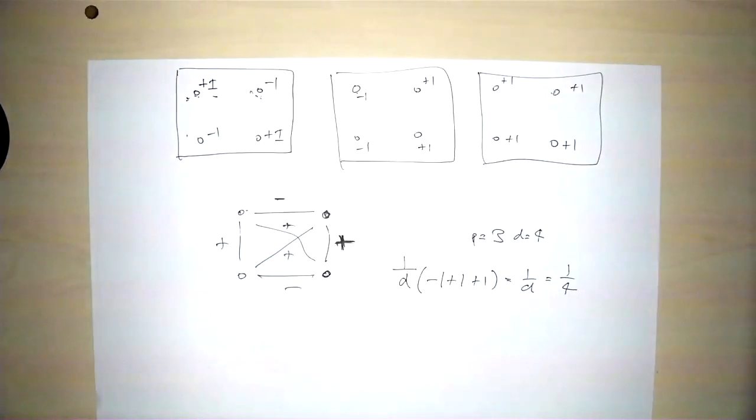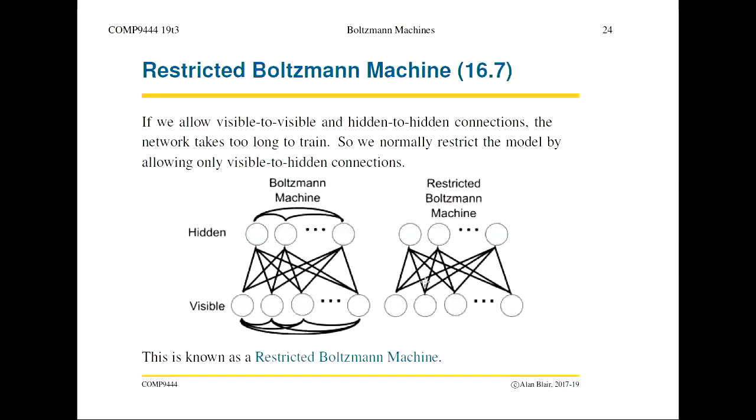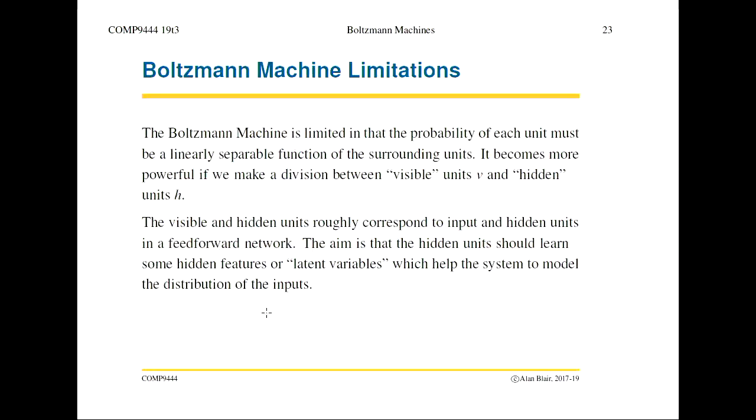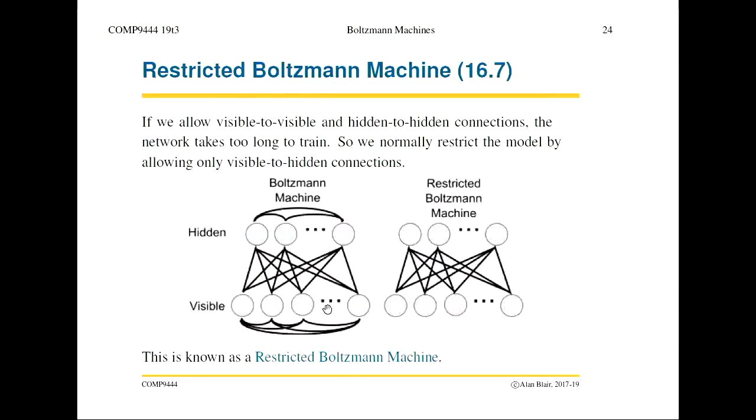Now, having said that, this produces reasonable results, but it takes a long time to converge. This is the original Boltzmann machine here. Well, there are two ways in which we can modify this.